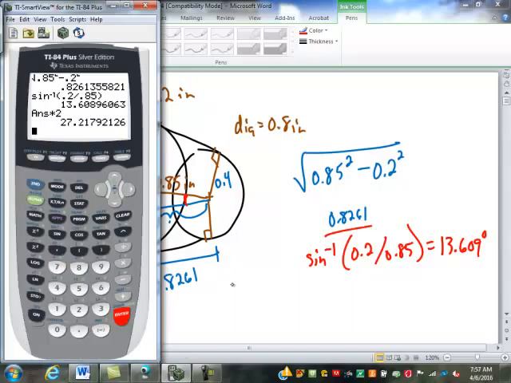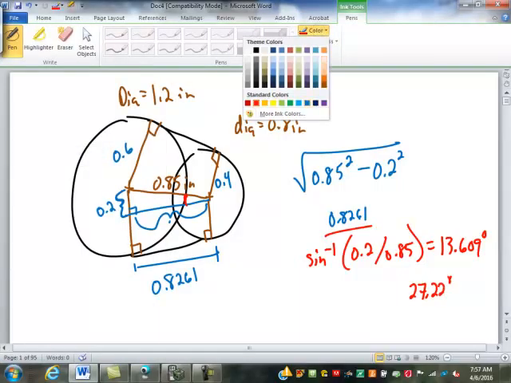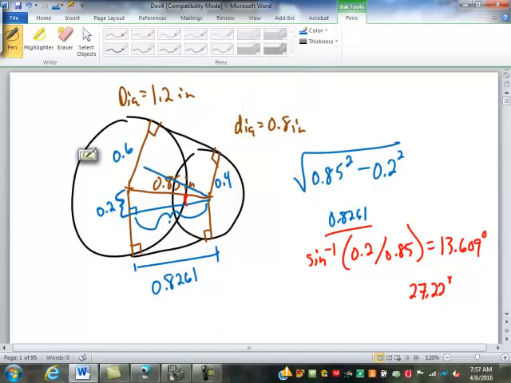So what we're getting here is the whole angle is 27.22. What I mean by the whole angle is, if I cut this like this, this whole angle here is 27.22. Which means this angle is 180 minus 27.22 degrees, otherwise known as 152.78 degrees.